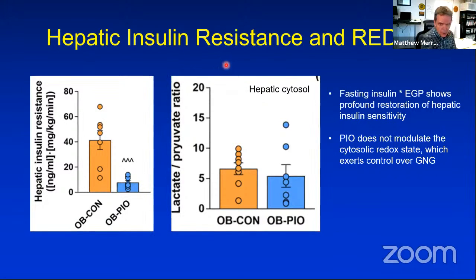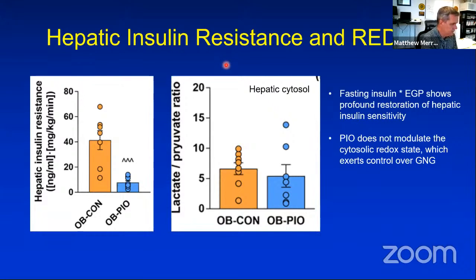Now, before I go any further, I'm going to be talking about gluconeogenesis and pyruvate utilization. Just want to stop. We measured lactate and pyruvate in the liver in the cytosol. As you know, that is a good estimate of the cytosolic NADH to NAD ratio.